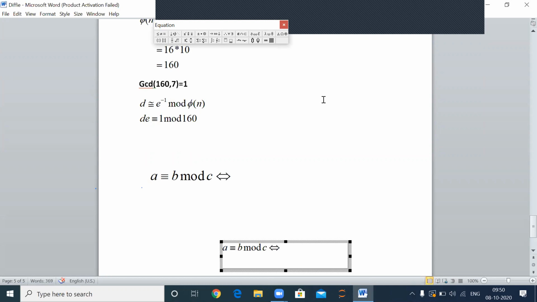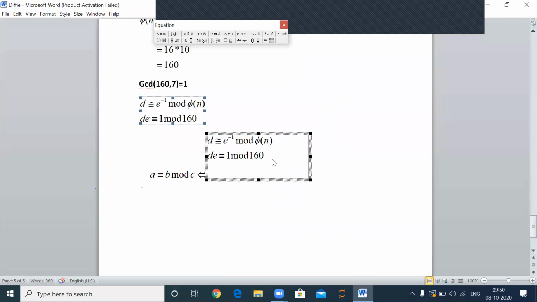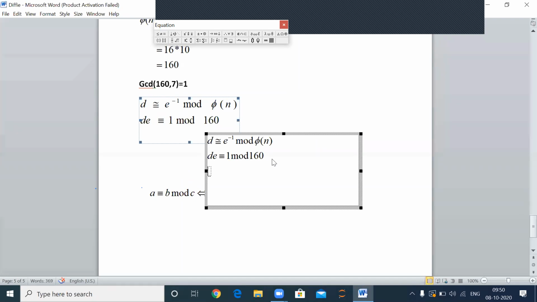A congruent to B mod C means C divides A minus B. So this can be written as: C is 160, which divides d e minus 1.